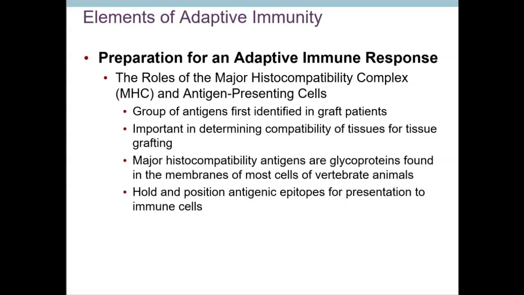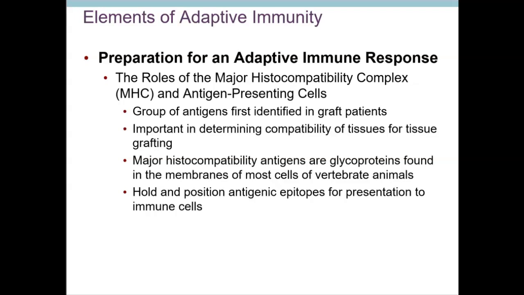When they are checking whether someone is compatible with another person, whether they can take a kidney or a liver or whatever and put it in this person, they're looking at MHC, and they're trying to find versions of the proteins that are similar enough to convince the recipient's immune system that these tissues are normal, that they belong there.